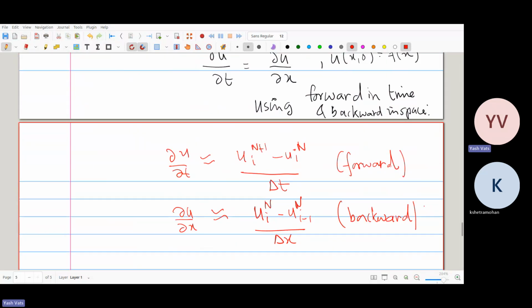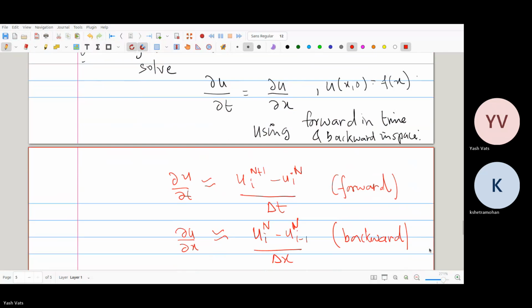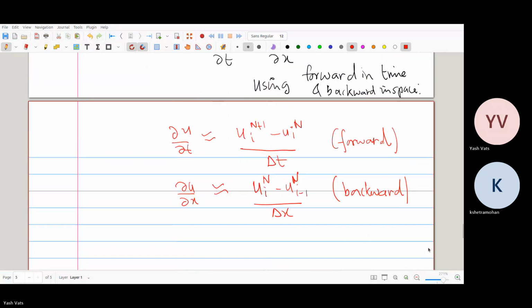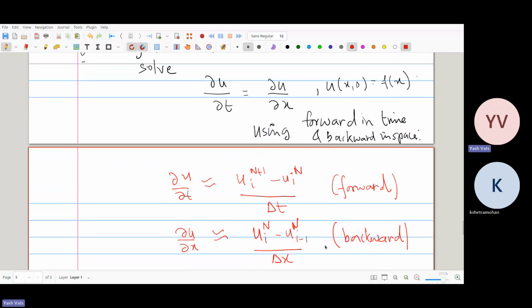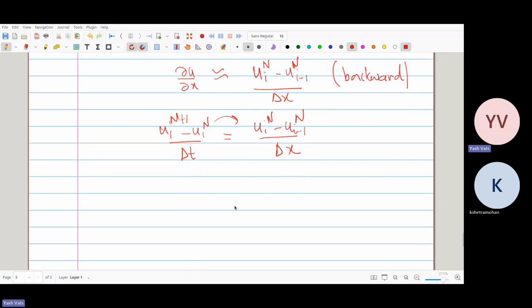So in total, if you substitute over here, then it is (u_i^(n+1) minus u_i^n) over delta t, the same as (u_i^n minus u_(i-1)^n) over delta x. And then you can find out what u_i^(n+1) is and so on.